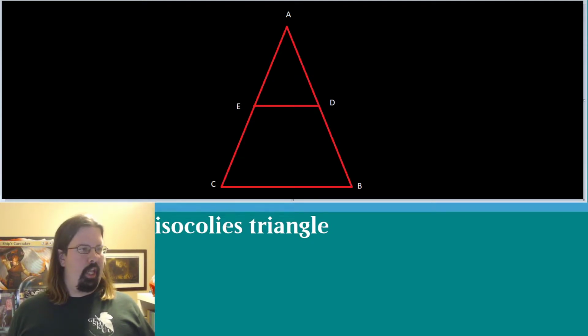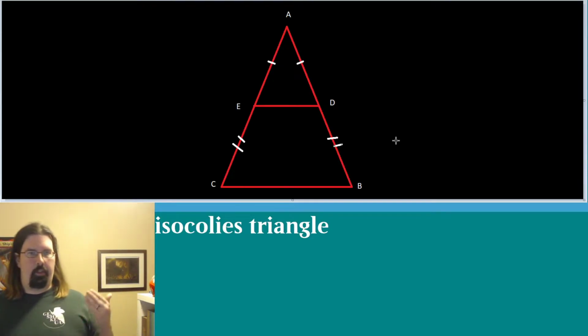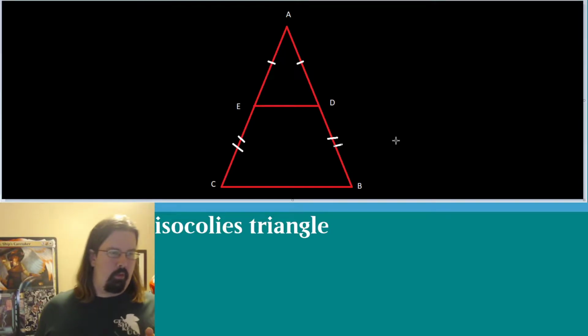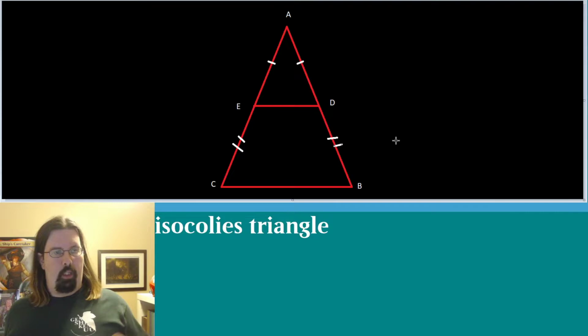And let's say, for the heck of it, that this and this are equal, and these are congruent to each other. So up top we have equality, and down there we have congruence.